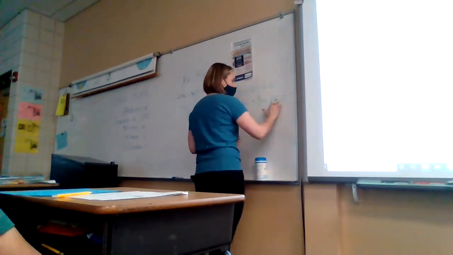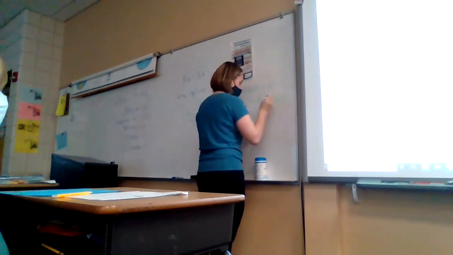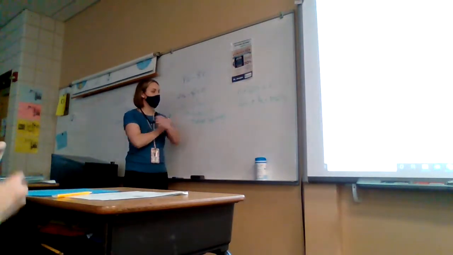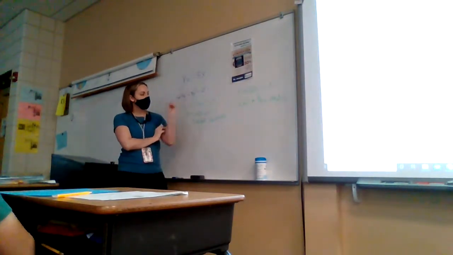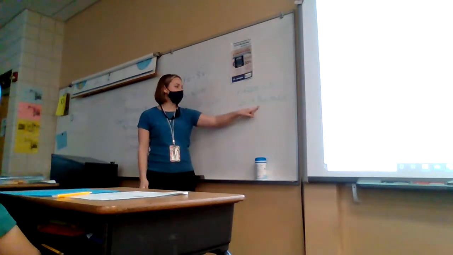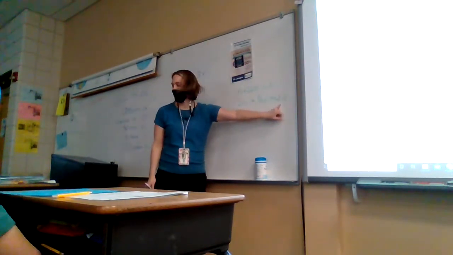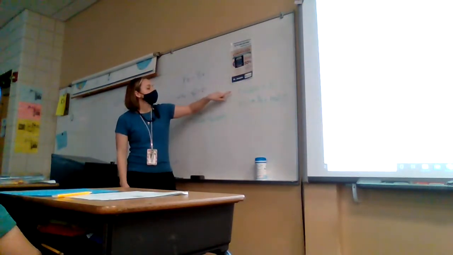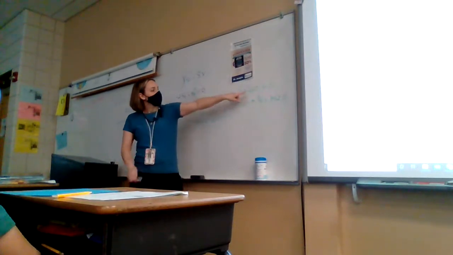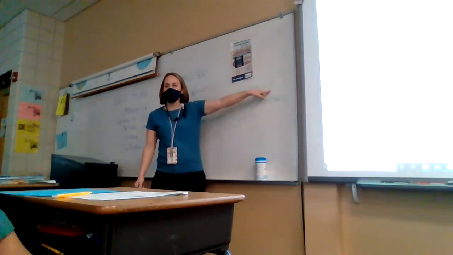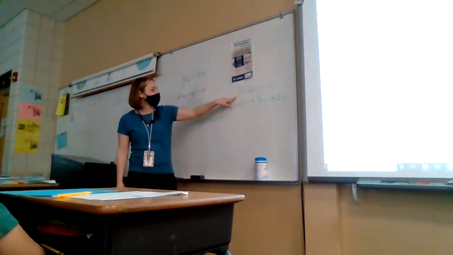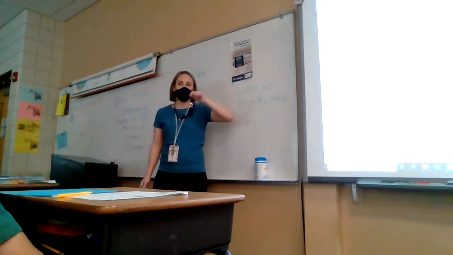Thank you. So if you have 2 hot dogs and 1 burger, the total calories is 1,420. Yes. If you want to know how many calories are in a burger, you're going to find out how many calories are in a hot dog, then add 220.